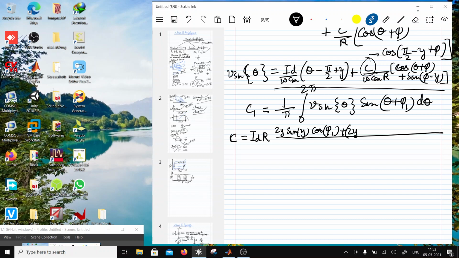Okay, this is in bracket, twice of y sine of y minus twice of cos of y, right, times sine of phi 1. Phi 1 is phi plus xi, divided by pi omega CSH times R and rho.